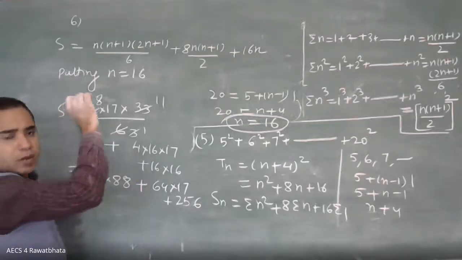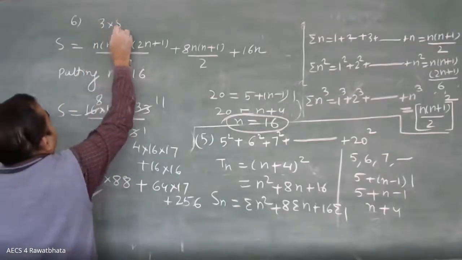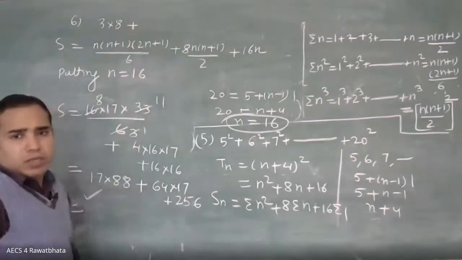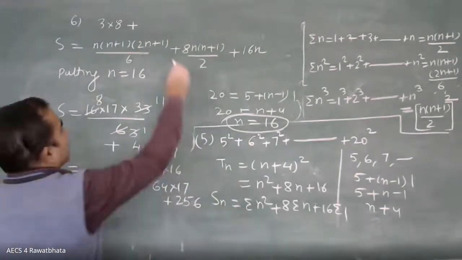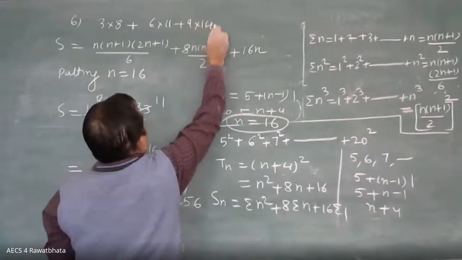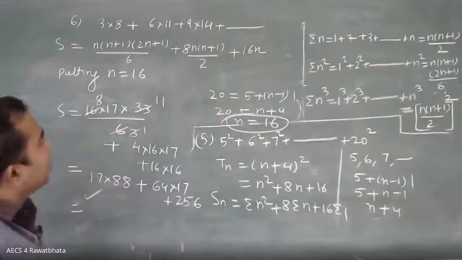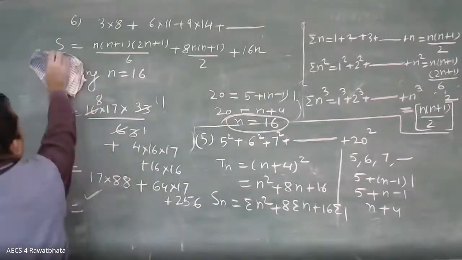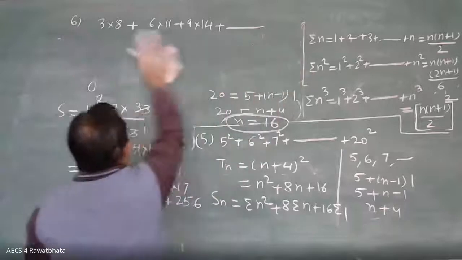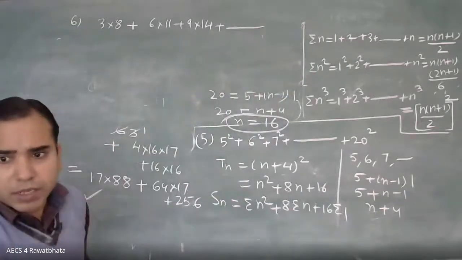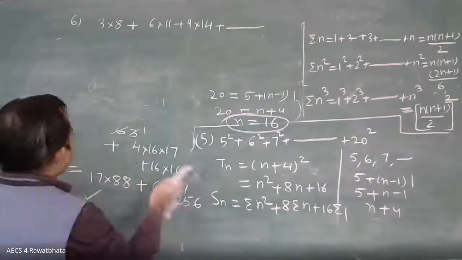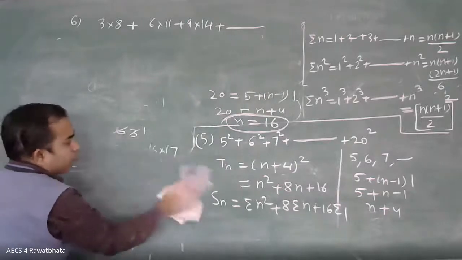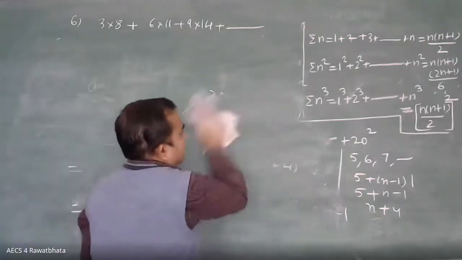Pranjal, you only tell me what should be its nth term. 9 into 14, is it? Yes, sir. So now can you suggest what should be its nth term? I'm not going to discuss it, but just asking for the nth term and then I will conclude today's class.